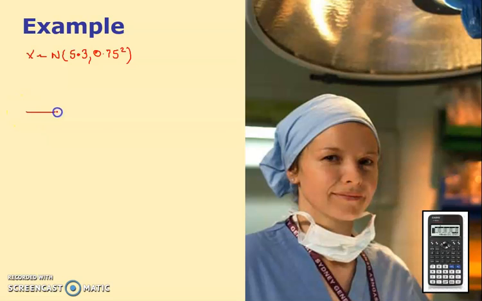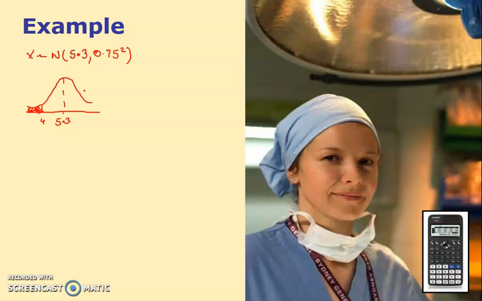Well, this first question is just a straightforward find the probability. It's 5.3. What's the probability that if I pick some patient at random, they'll be under 4 days? So I think this is menu 7.2. I type in the mean of 5.3.